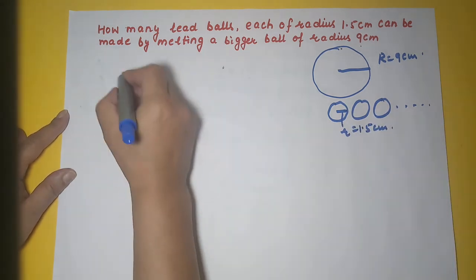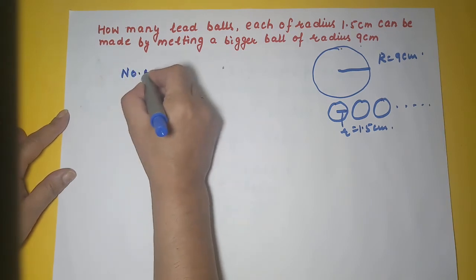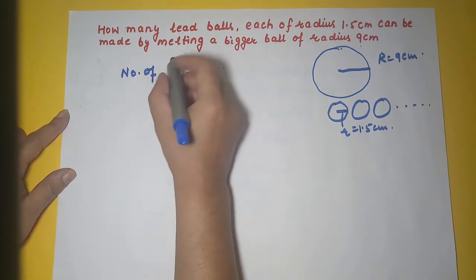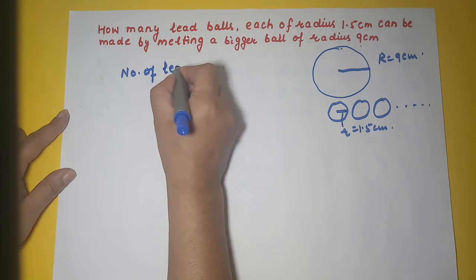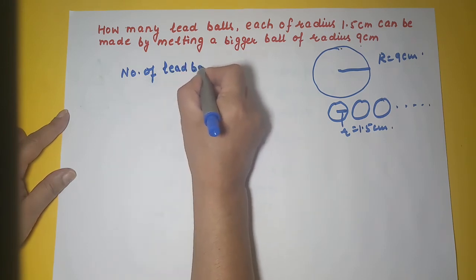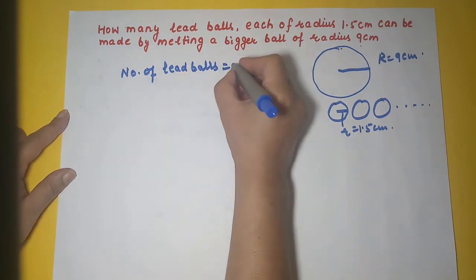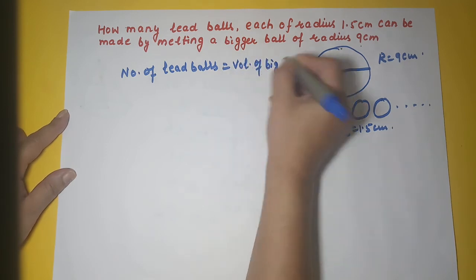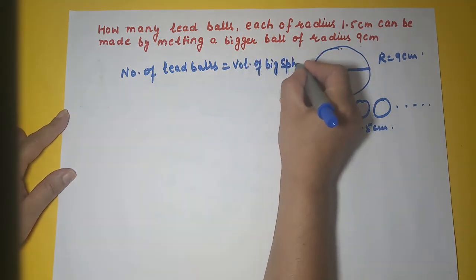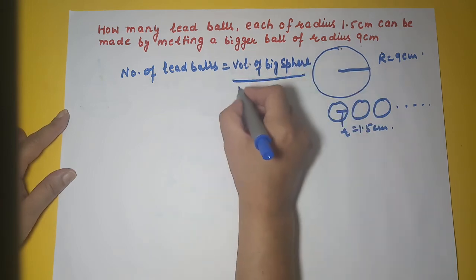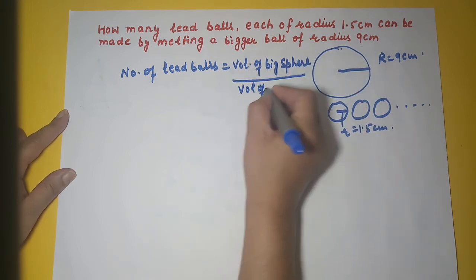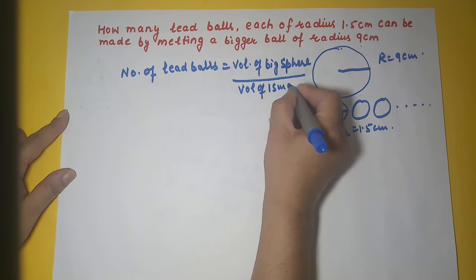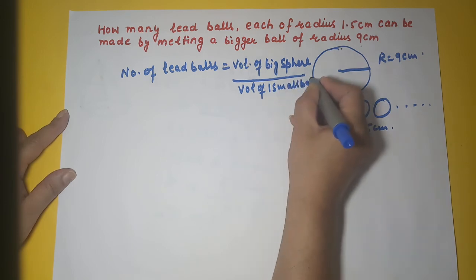Now simple, because we know that number of lead balls will be equal to volume of big ball, that is big sphere, divided by volume of one small ball, right?